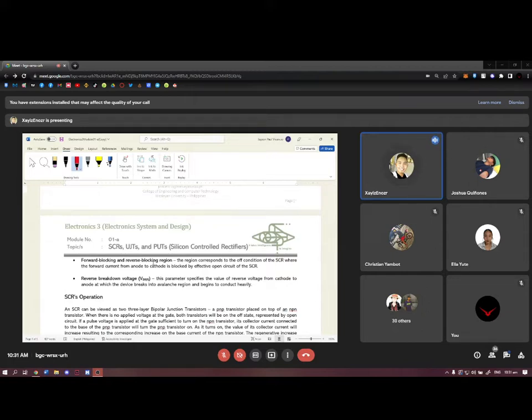Yung reverse breakdown voltage naman, ito yung voltage na kapag naka-reverse bias sa SCR, at yung voltage na dumadaloy doon is malaki or enough siya para ma-attain yung reverse breakdown voltage. Ang mangyayari kasi nun is magbe-break si SCR or mag-enter siya ng avalanche region.